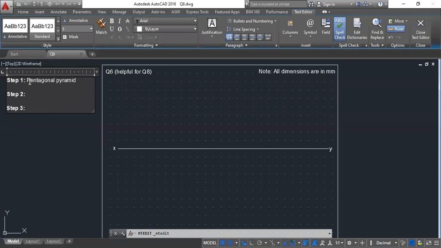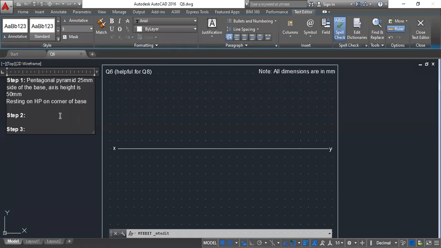So pentagonal pyramid, 25 mm side of the base and axis height is 50 millimeters, and it is resting on HP on one of its corners of the base. So this complete information will be my step 1.